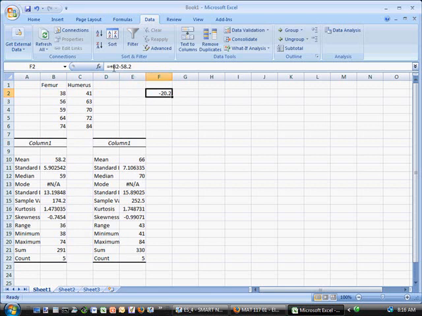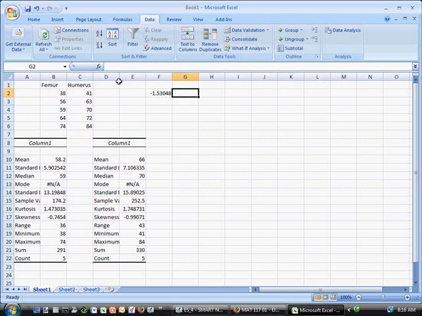Sorry. And now I want to divide that by the standard deviation of x, which is 13.19848. Okay, so there's that first thing in parentheses. Now we can copy that in just a minute.